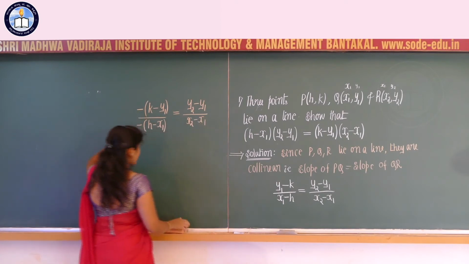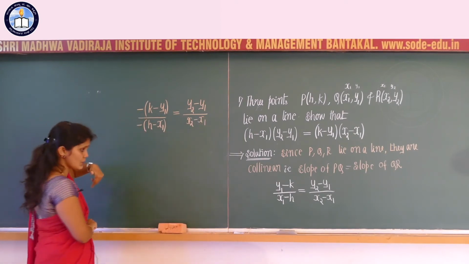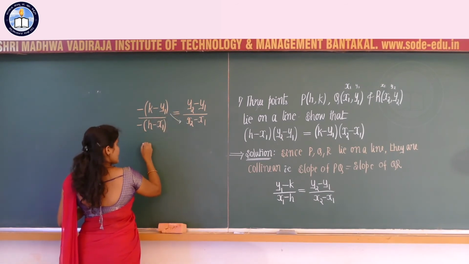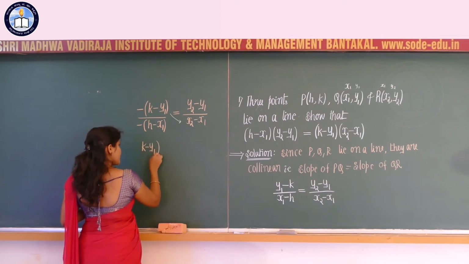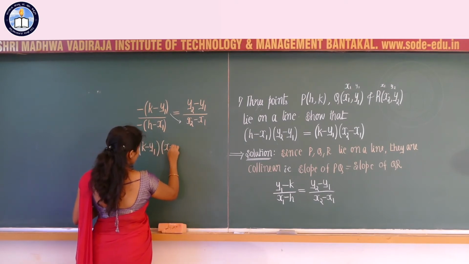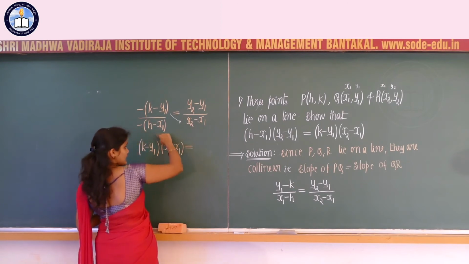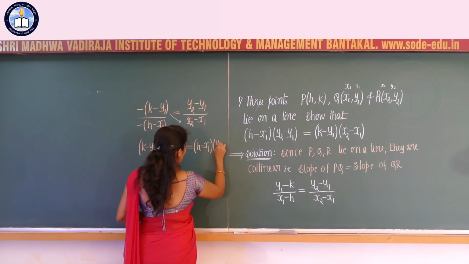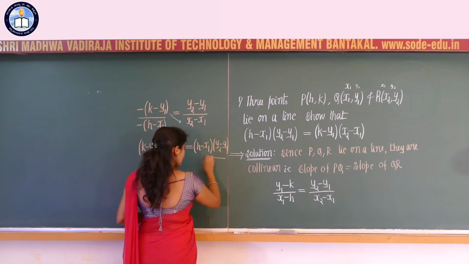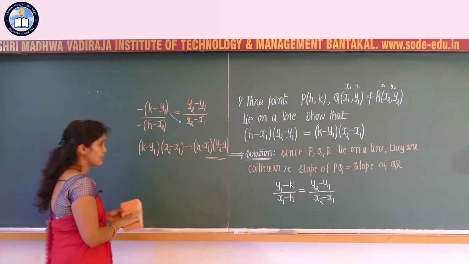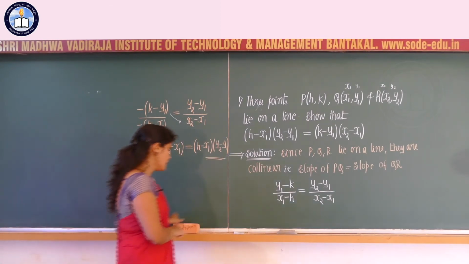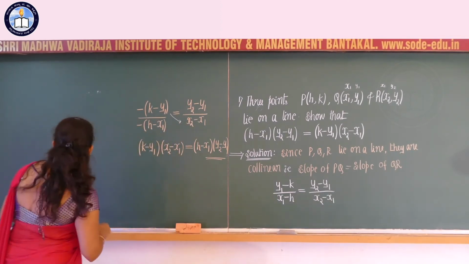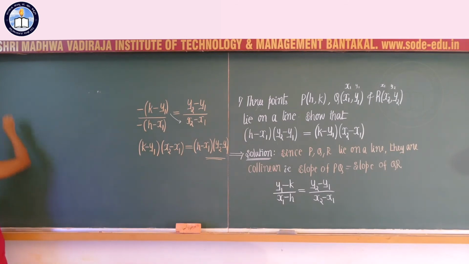The two minus 1 divided by minus 1 is nothing but plus 1. So cross multiplication gives the answer: k minus y1 into x2 minus x1 is equal to h minus x1 into y2 minus y1. This is the solution for the given problem, that is, we have proved that for the 3 points P, Q, R, the given condition is satisfied. So let us continue with the second question.